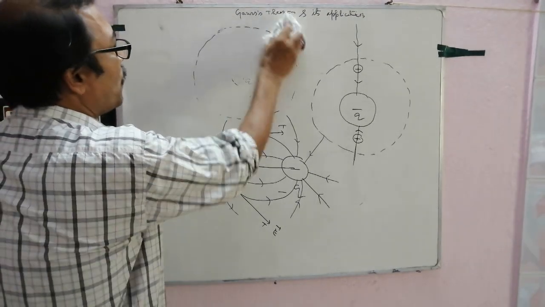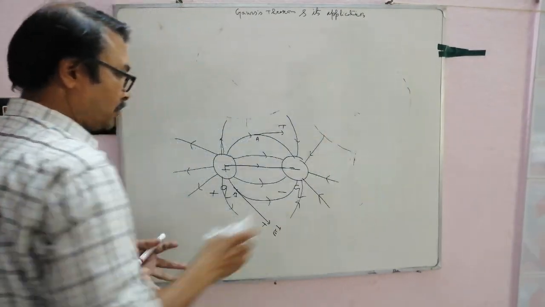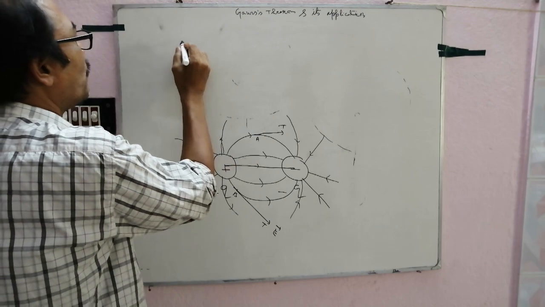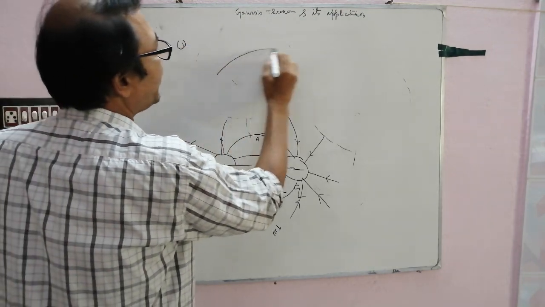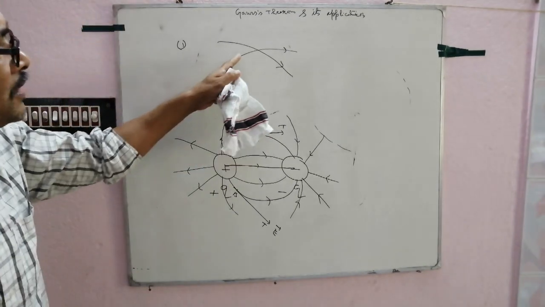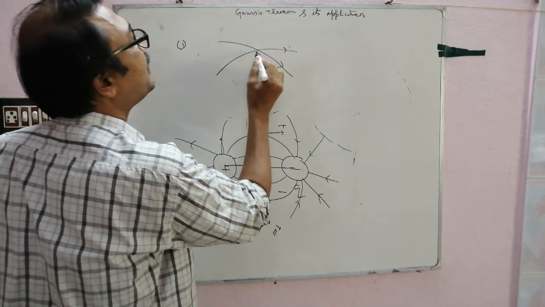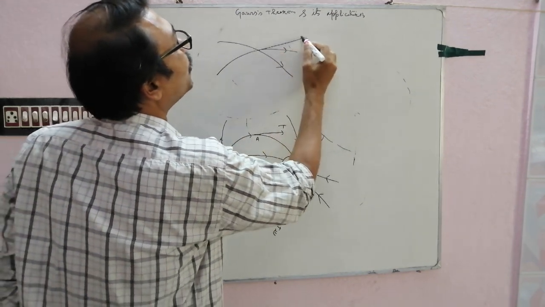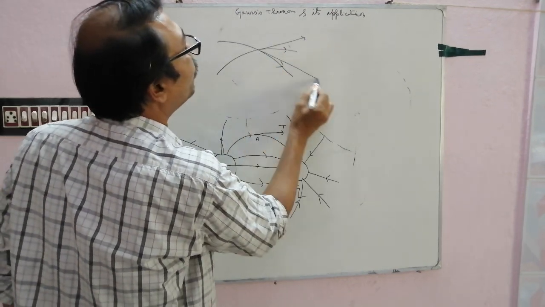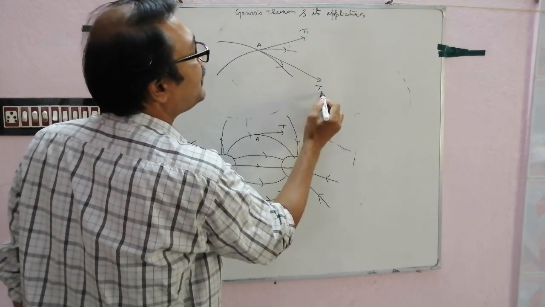Now, the main 2 or 3 points of electric field lines. I mentioned in one property that two field lines never intersect each other. If these two field lines intersect each other at a point here, we get two tangents, follow, one is AT1, the other is AT2.